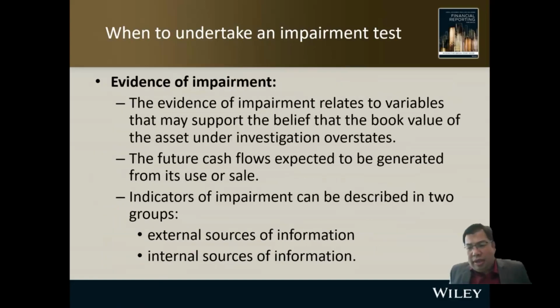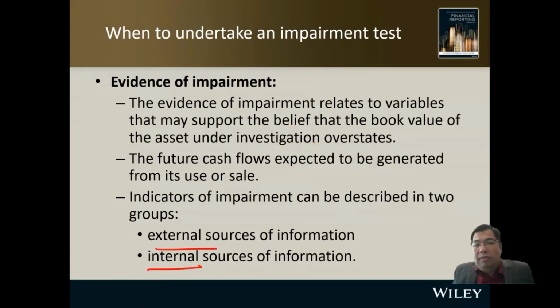So what is the evidence? What are the indications that call for testing, call for evaluations of the value of assets, the carrying amount, and also the recoverable amount? There are many signals for that. It can come from external sources as well as internal sources.